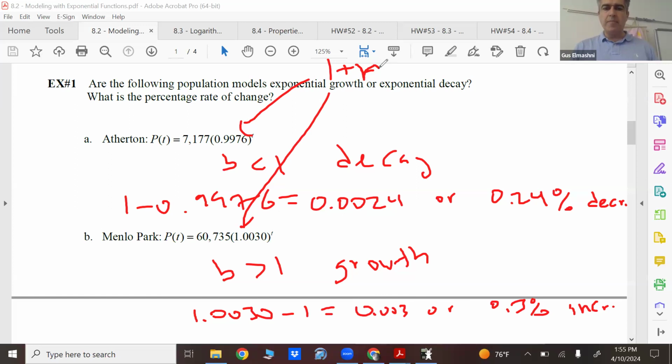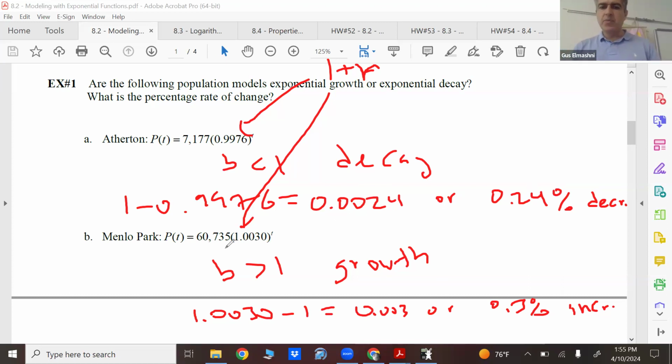When I did it for part A, I moved 1 over, or I set equal to 0.9976. Technically speaking, it should be a negative number, but it's okay. We know it's a drop. Part B makes sense. If I set 1 plus r equal to 1.03, solve for r, I get 0.03.